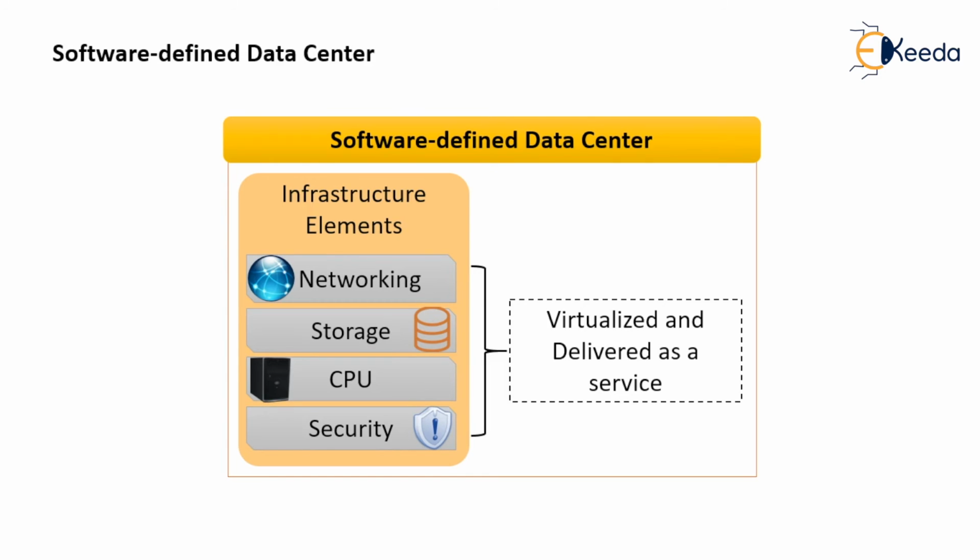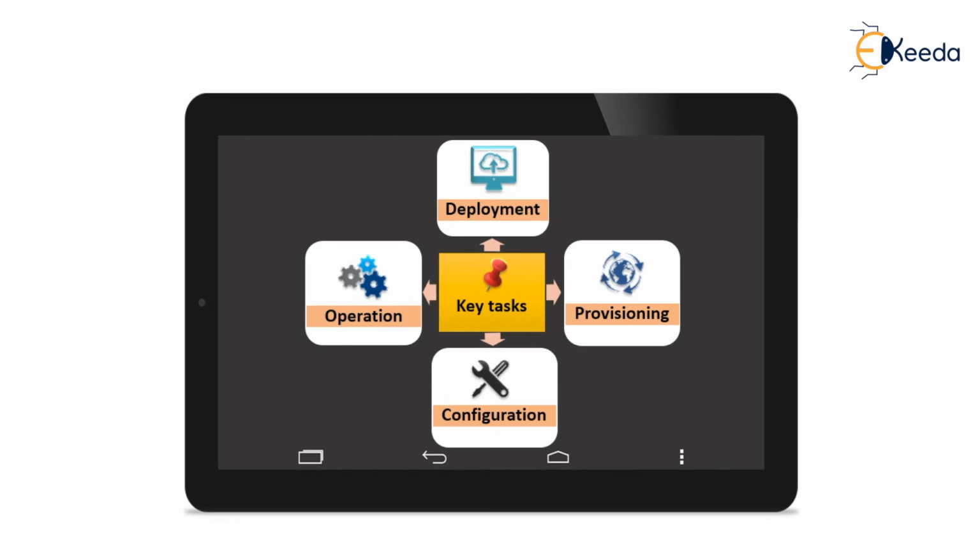Then in storage virtualization, the storage from multiple network storage devices is pooled together into a single storage device. This pooled storage device is then centrally managed from a single console.